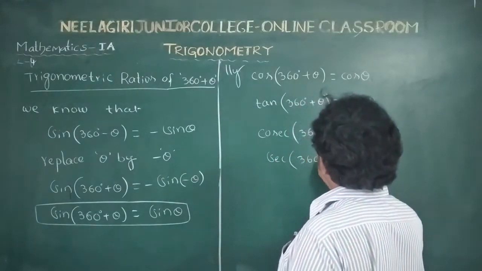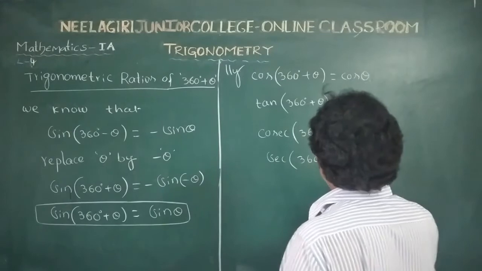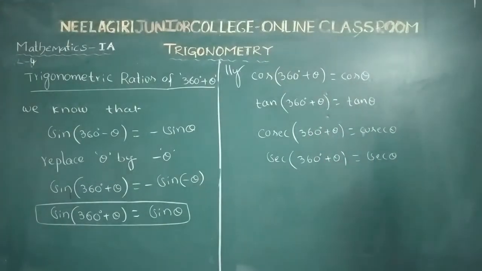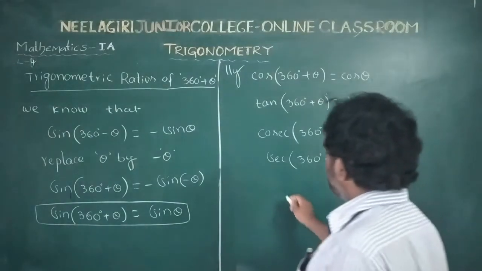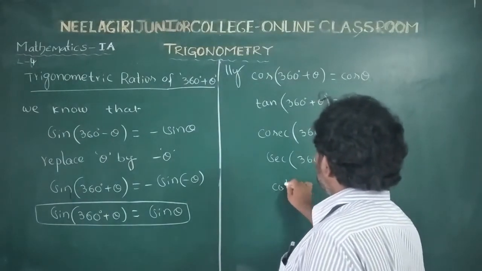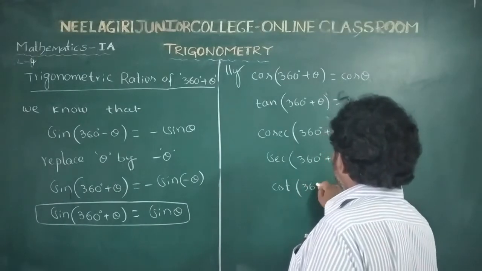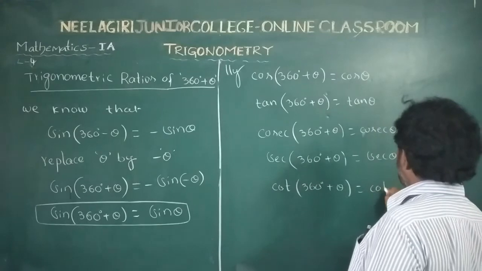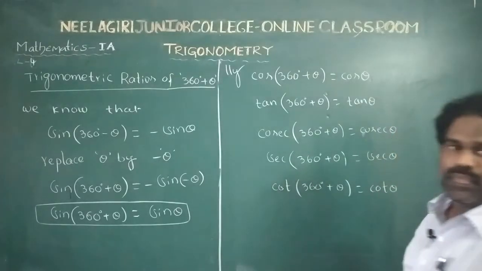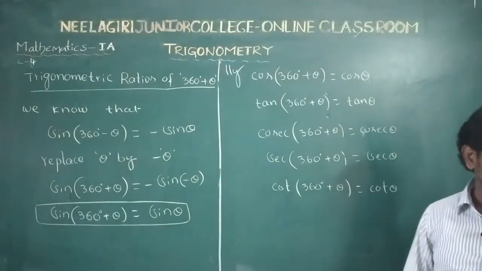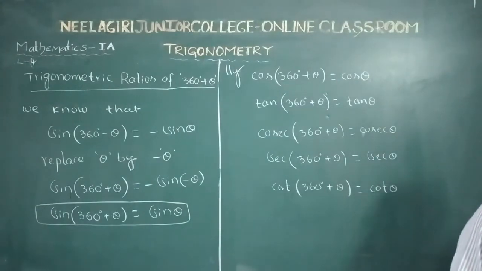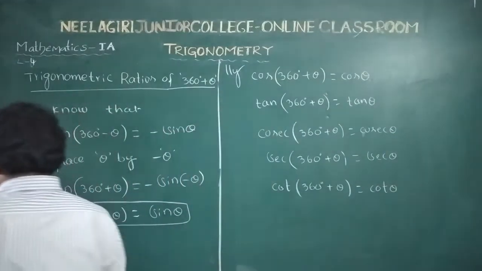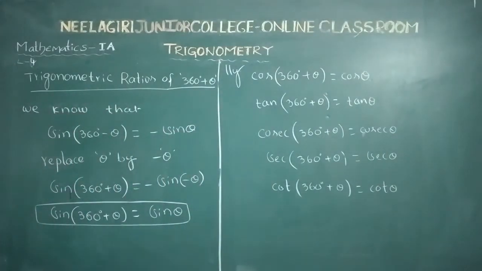Cot of 360 plus theta equals cot theta. These are the trigonometric ratios of 360 plus theta.